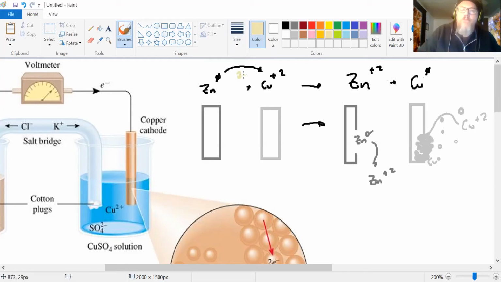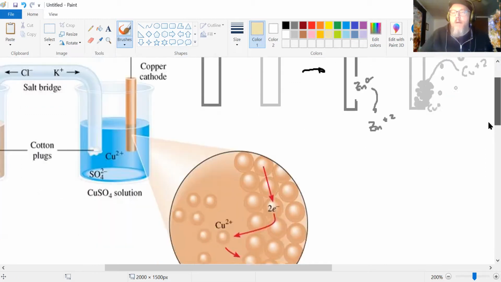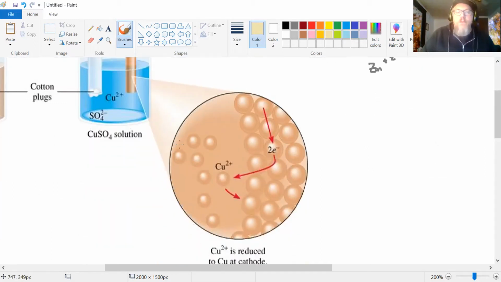The idea is that electron transfer allows these electrons to come down this rod here, 2e. And when it comes down, it's able to click onto the ions in solution, and in doing so, it makes it deposit. So that's what this picture down here is supposed to be illustrating.